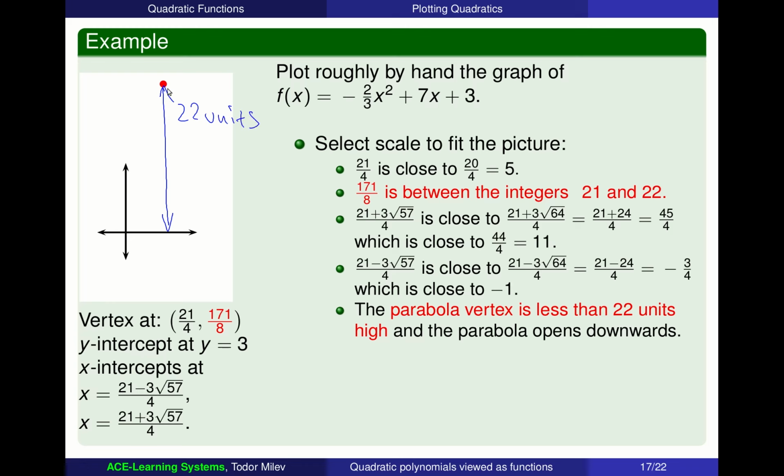This is a computer-generated plot, so this is exactly 22 units in the measurement unit of this picture. But when you plot that by hand, you're going to say, well, this distance, about 22 units, that's the y-coordinate of my vertex, and this distance here is about 5 units. So this distance here has got to be about 1/4 of that distance.